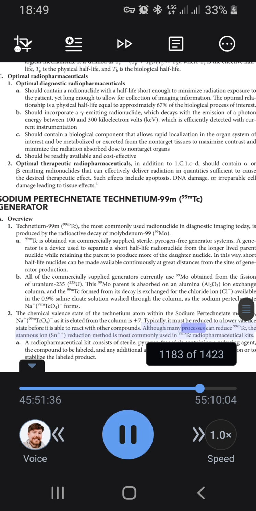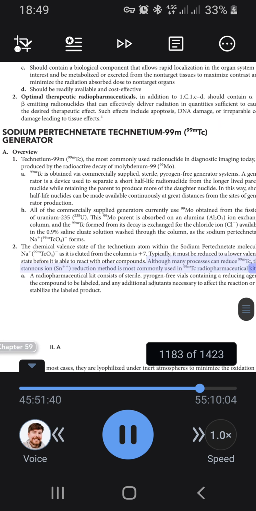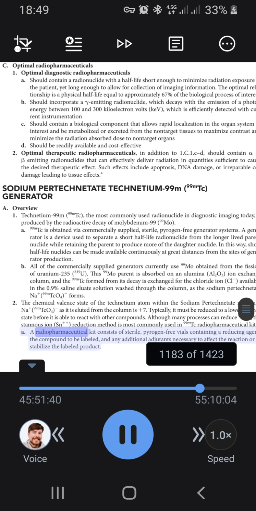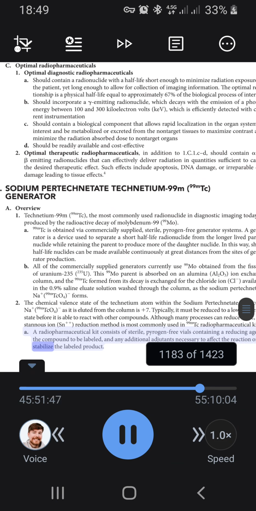Although many processes can reduce 99mTc, the stannous ion reduction method is most commonly used in 99mTc radiopharmaceutical kits. A radiopharmaceutical kit consists of sterile, pyrogen-free vials containing a reducing agent, the compound to be labeled, and any additional adjuvants necessary to effect the reaction or to stabilize the labeled product.